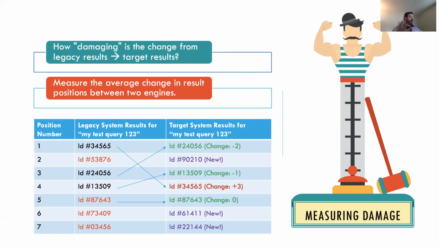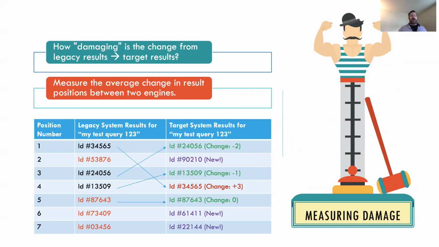Now what do you do? Typically, you look at this in concert with analytics. The document in the 6th position, number 73409, is off the page now, or not even in the result set coming back, but who cares? Nobody was clicking on that anyway.